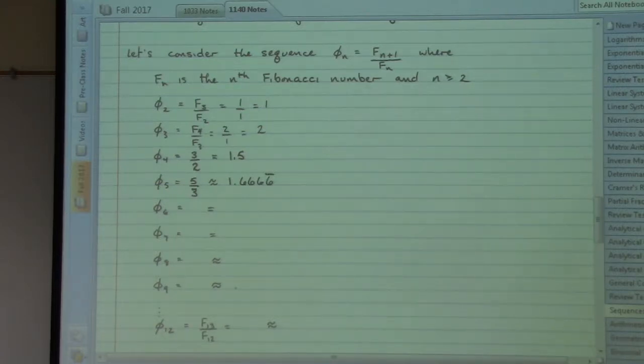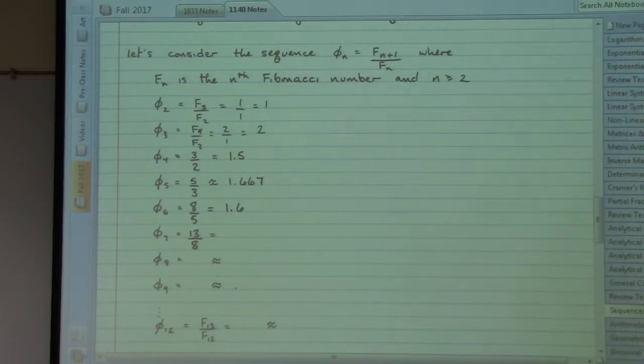I think we can go ahead and throw in that repeating decimal bar if we really wanted to, or we can just go ahead and shut things down after about 3 decimal places just to get the idea across. Then the next one, 8 over 5, so that we would have 1.6. Then the next one would be 13 over 8.